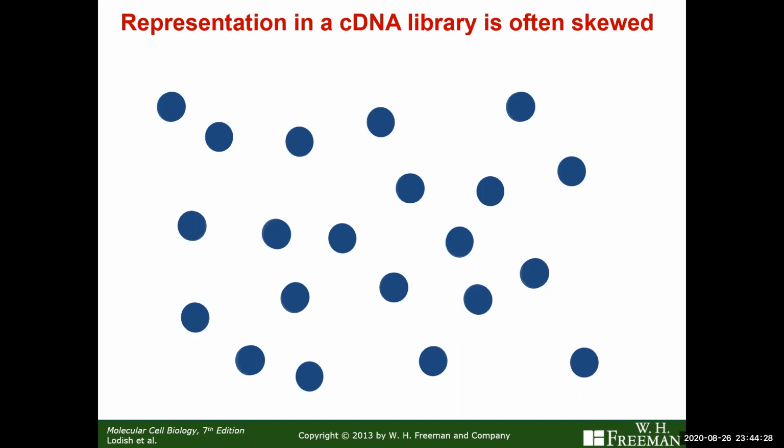Just by looking at the colony, you cannot tell which colony harbors what particular circular plasmid. I am presenting a hypothetical scenario.